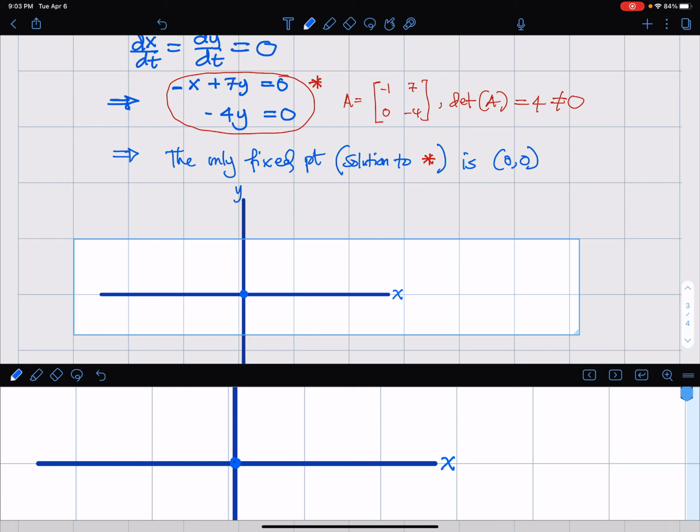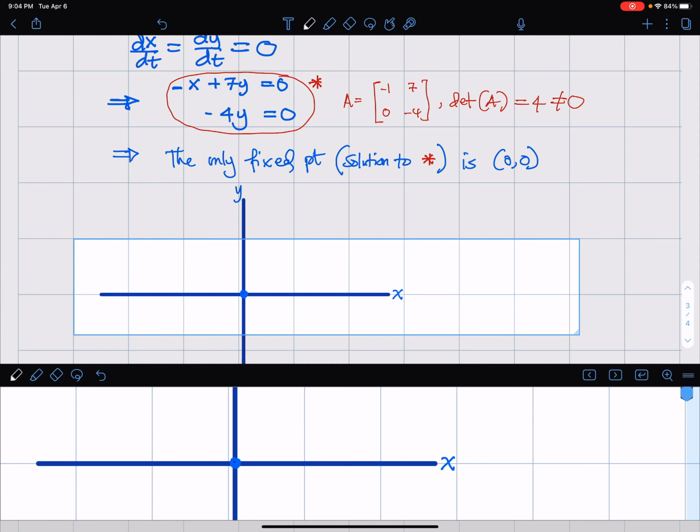So what are we going to do? We're going to start by sketching our eigenvectors, right? The first eigenvector we have is 1, 0, and it corresponds to the eigenvalue -1. So I'm going to draw that eigenvector.